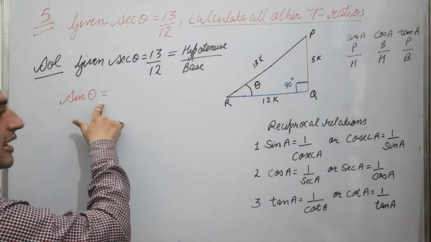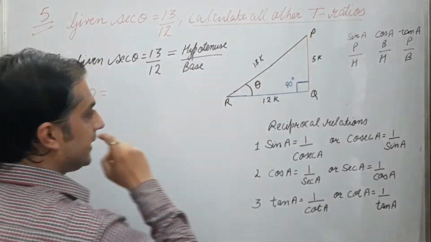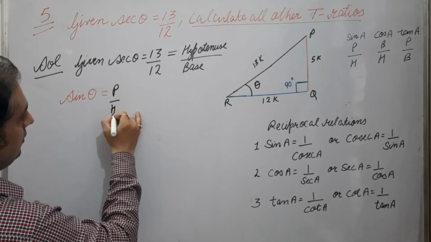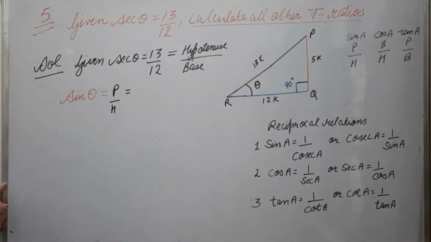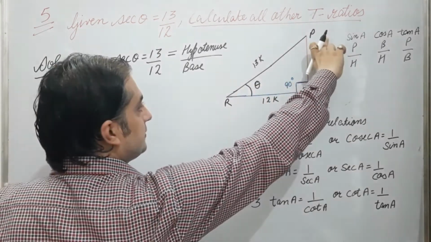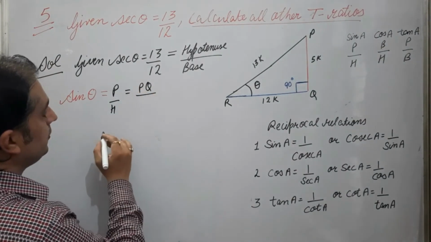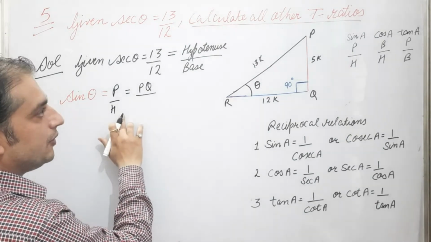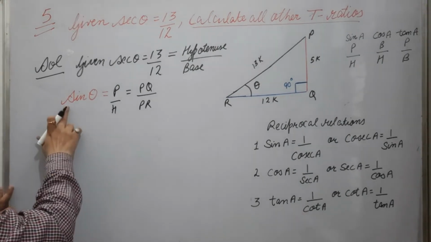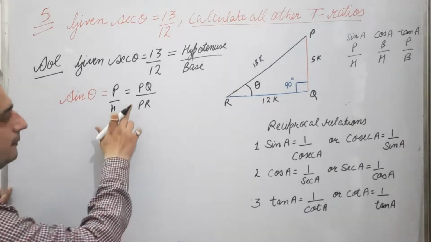Perpendicular is the side opposite to this angle, which is PQ. So firstly I will write P by H, a short name. Perpendicular is the opposite side, full name PQ, and hypotenuse is PR. So I am finding the second ratio, that is sine theta, PQ upon PR.